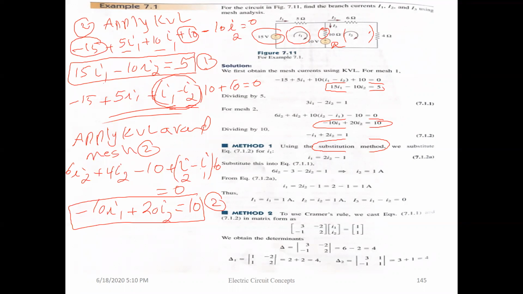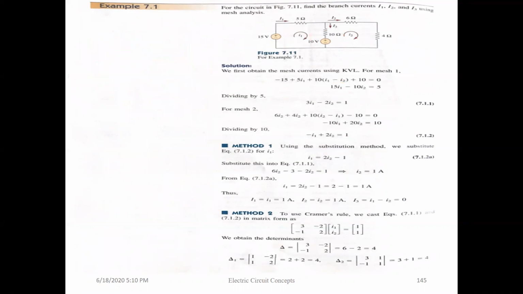Let me erase some of this so I have enough space to solve. So here are my two equations. I'm going to rewrite them. It will be 15I1 minus 10I2 equal to 5. And my second equation will be minus 10I1 plus 20I2 equals 10. So this is equation 1, this is equation 2.